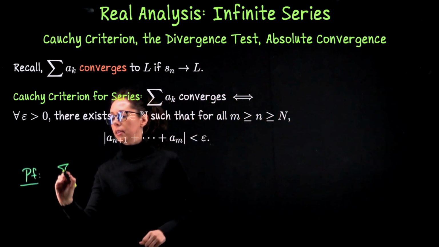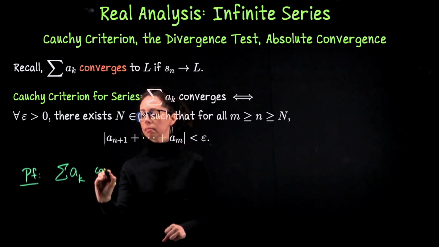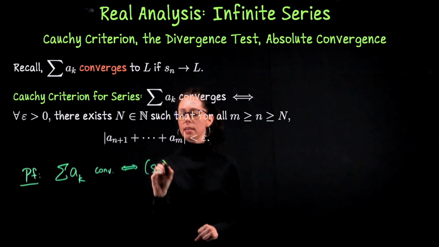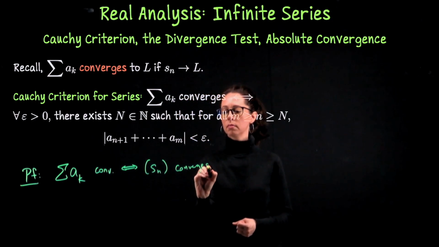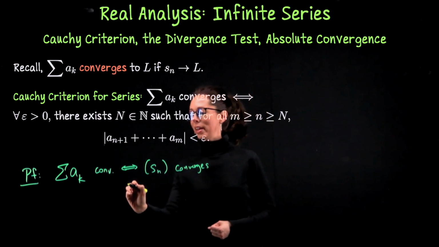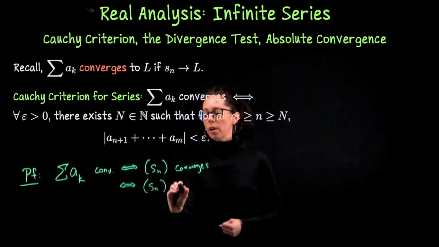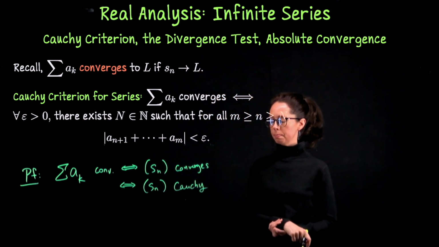So let's say a sub k converges if and only if the sequence S sub n converges. And then that happens if and only if S sub n is Cauchy. So we're working here with the real numbers.